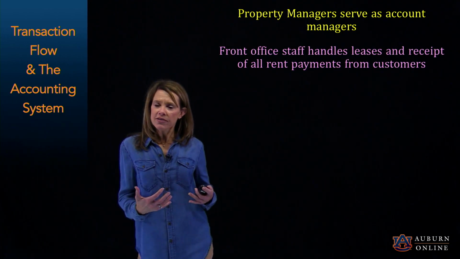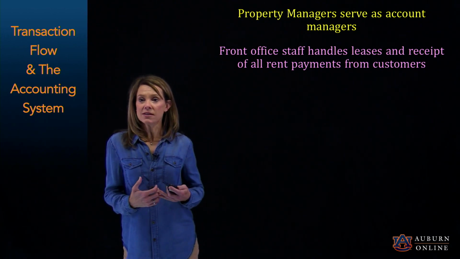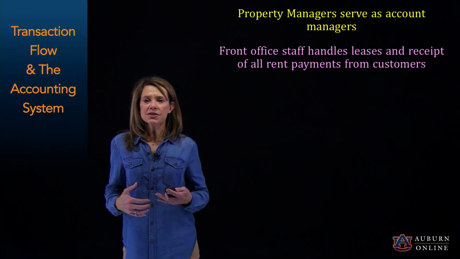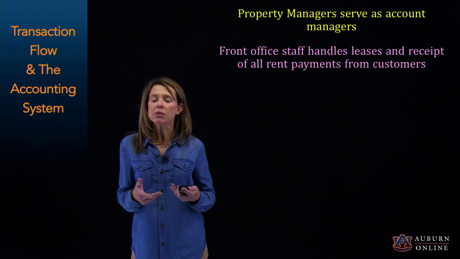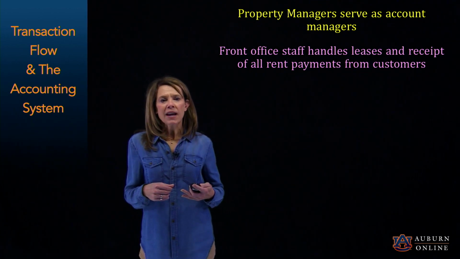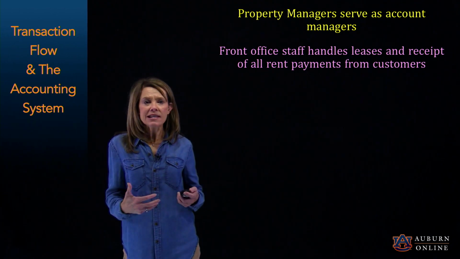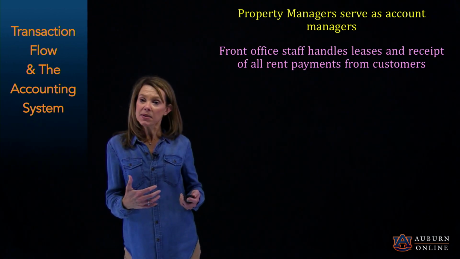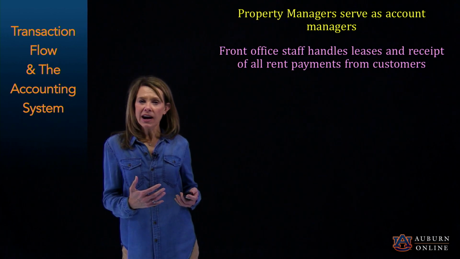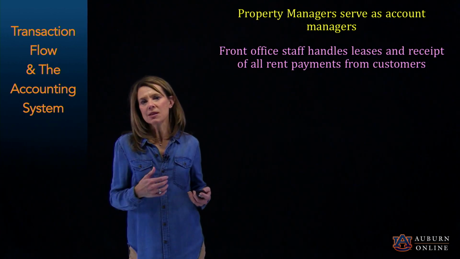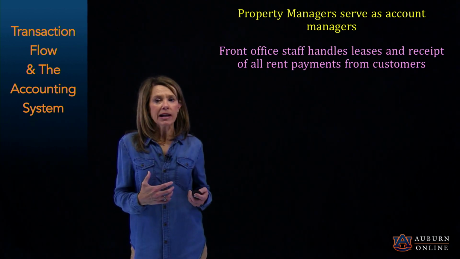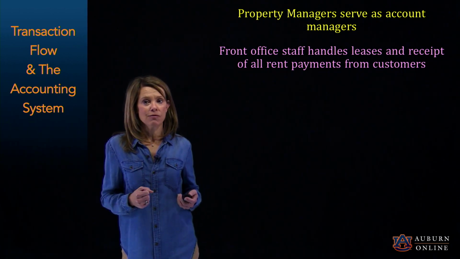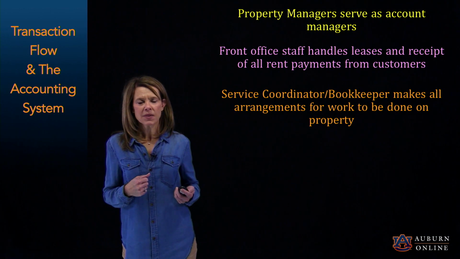Because the front office staff is the face of the business for the renters, and so they are the ones with the one-on-one personal contact with people who are renting properties. And so they're the ones getting the leases done and accepting all of the payments. And they're also providing some reporting back to the property manager to let them know what's happening, what rents have been collected, what rents are past due. Very important to the property manager.